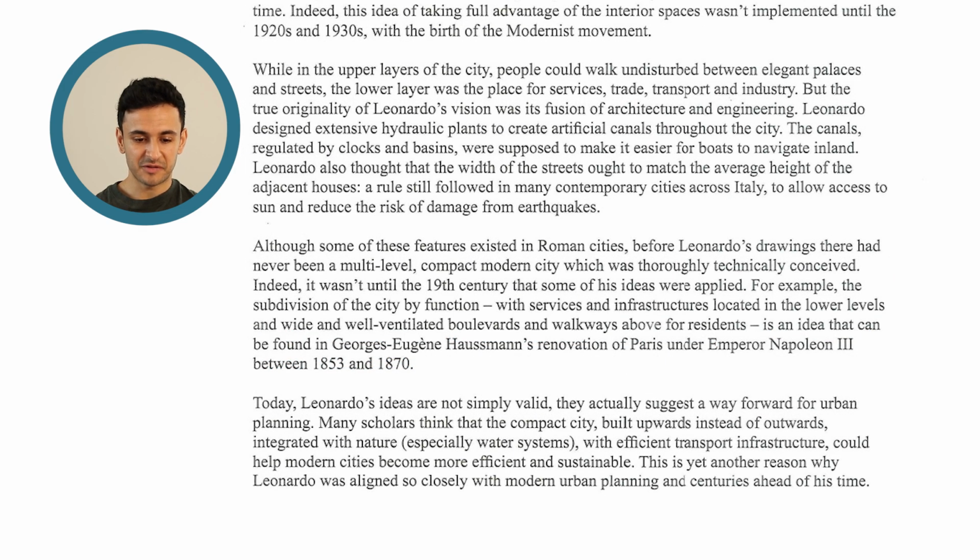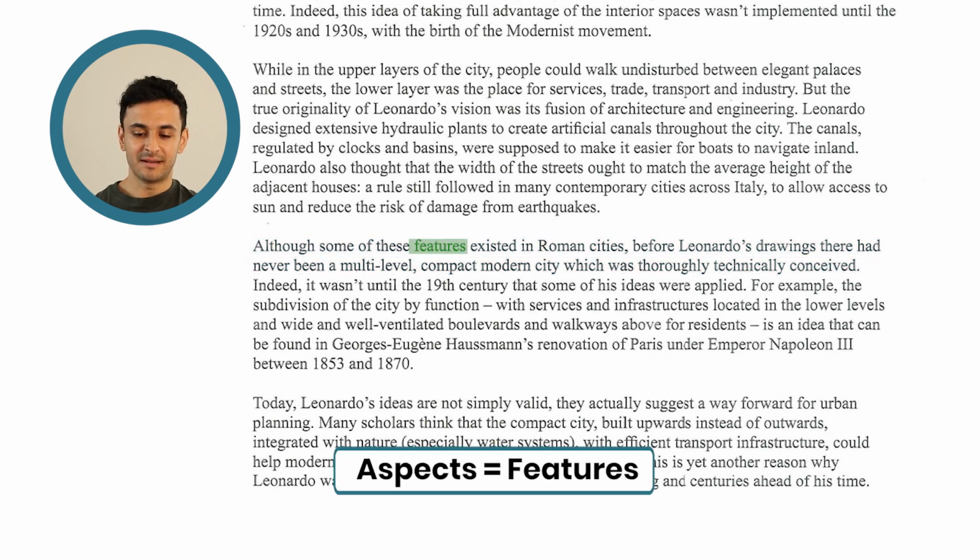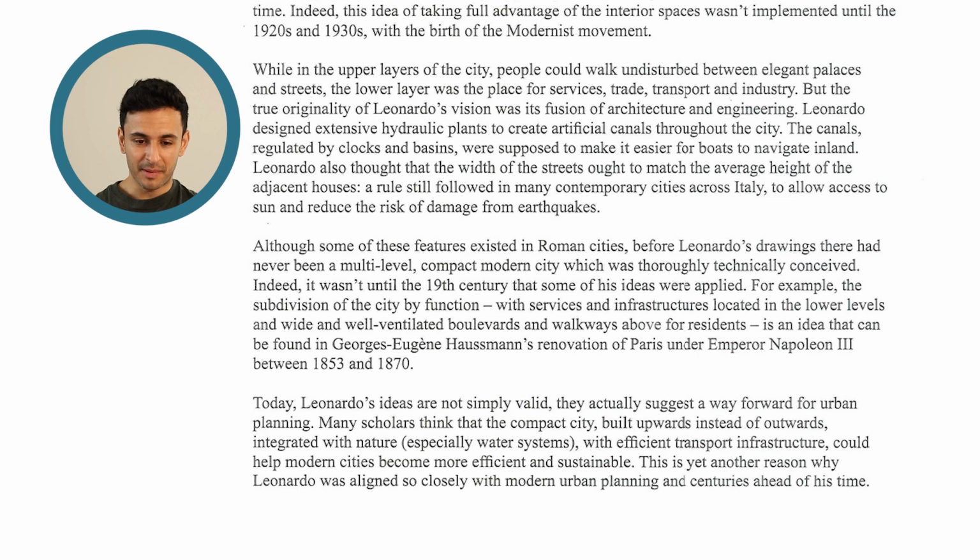So in the paragraph just before the last one, there is, although some of these features existed in Roman cities before Leonardo's drawings, there had never been a multi-level compact modern city which was thoroughly technically conceived. Aspects is a synonym with features. So some cities from, and that paragraph was talking about the Roman cities, features, aspects.